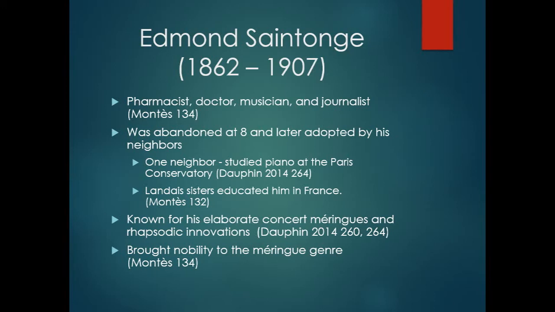He was known for his elaborate concert meringues, rhapsodic innovations. This prelude meringue, it's a prelude, but it's a very big piece, a rhapsody with 6 or 7 different sections of different characters. So a lot of his pieces have larger forms of the rhapsody, and he was also able to bring nobility to the meringue genre.